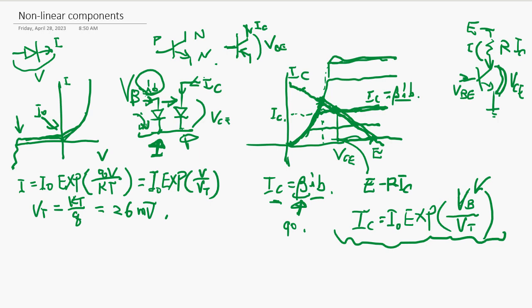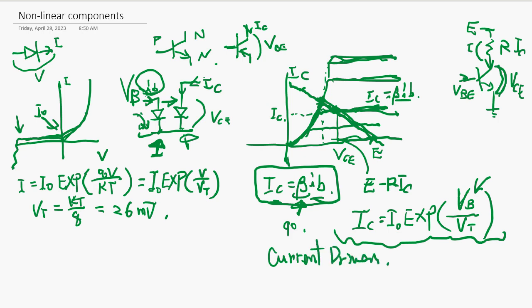That's why the bipolar transistor is known as current driven. IB determines how much current you can draw into the transistor. So it's a current driven element.